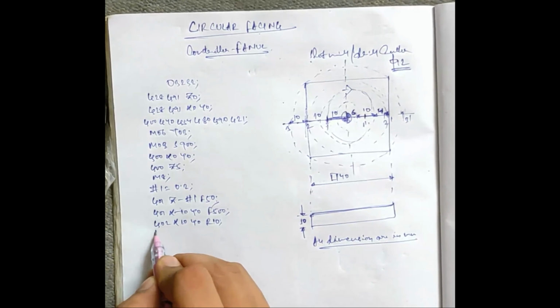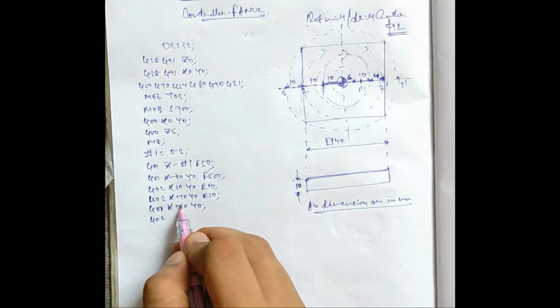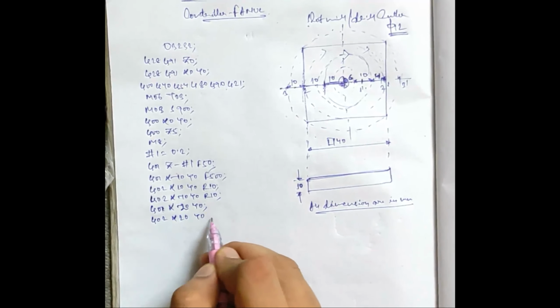Then come to point number 1 to 2, which is again G01 X minus 10 Y0. Clear. We are making it from 1 to 2, so it will be 20 from there, not 10, and two layers.